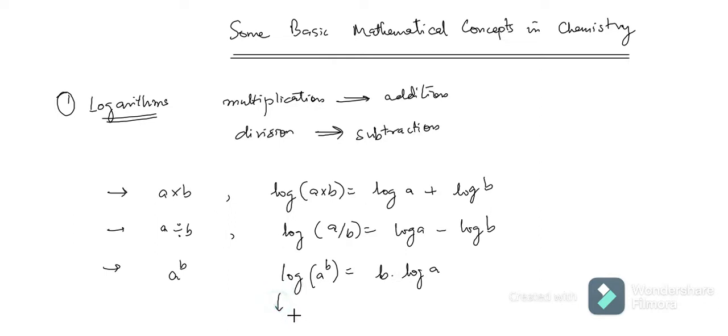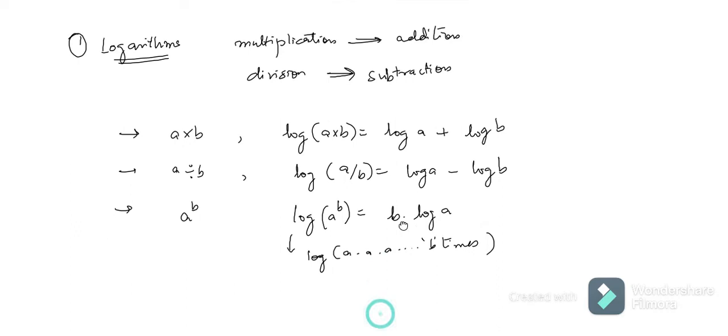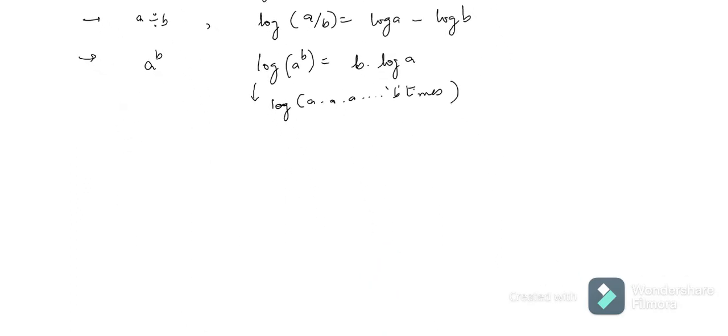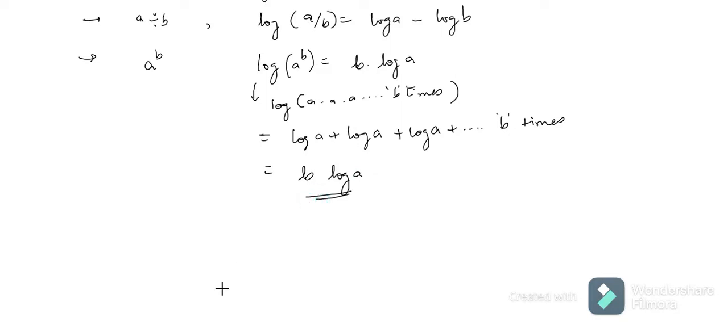We can write log of a into a into a, b times, which will get reduced to log a plus log a plus log a, b times, using the first property. So this is equal to b times log a.